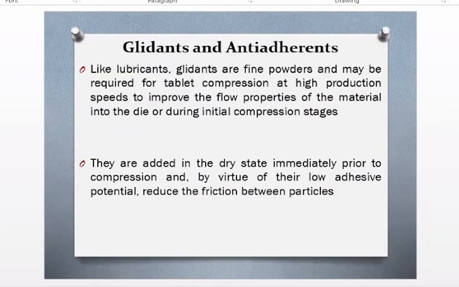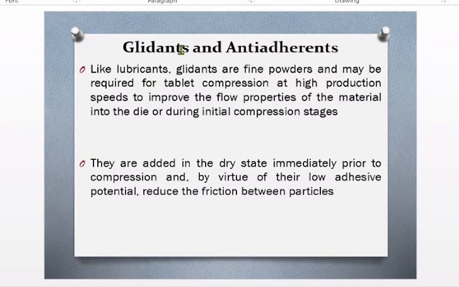Within the same category of lubricants, you can subdivide lubricants into what we refer to as glidants and anti-adherents. These are the ones I've shown here. So glidants are fine powders that may be required for tablet compression at high production speeds to improve flow properties of the material into the die.